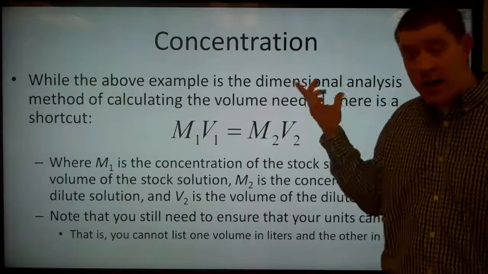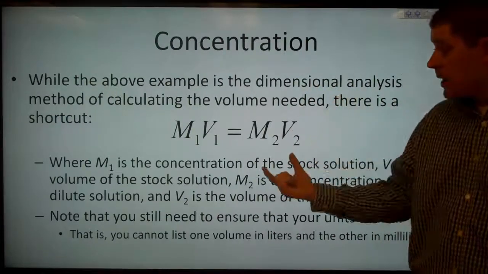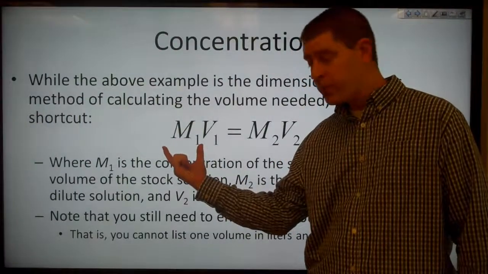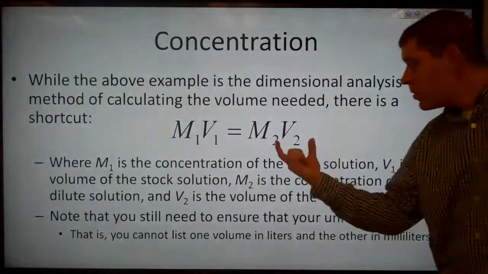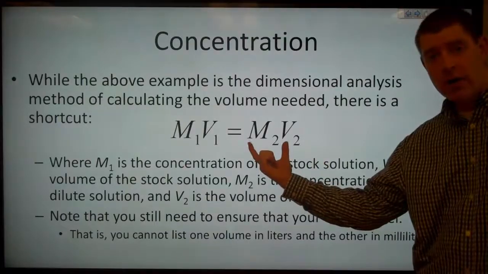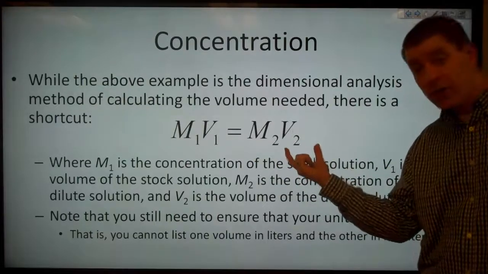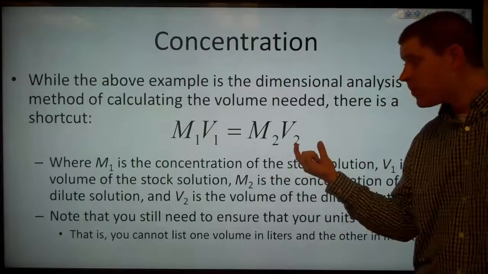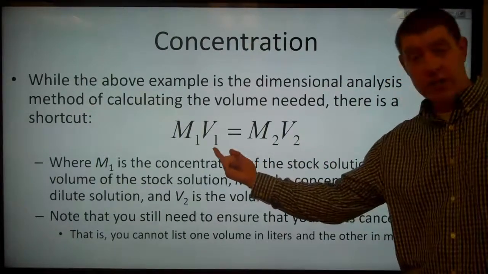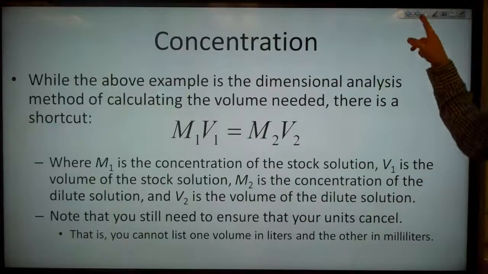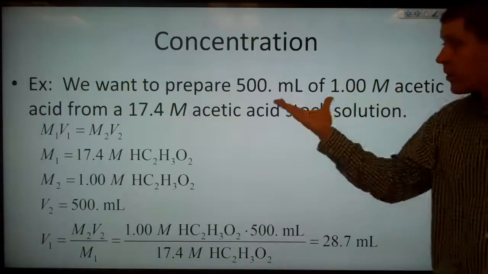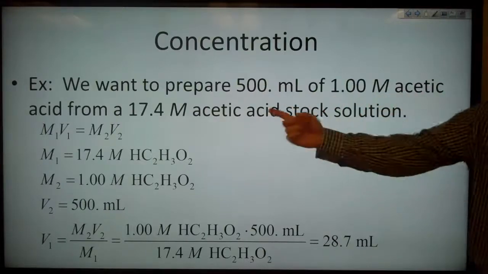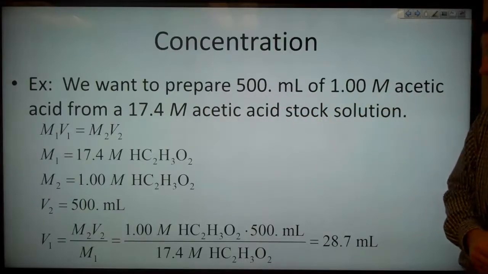So in the last example, we knew the concentration of our stock solution, so we knew M1. We knew that we wanted a certain concentration and a certain volume of our diluted solution, so we knew M2 and V2. So all we had to do was rearrange and solve for V1. So we can do that here. Again, we want to prepare 500 milliliters of 1 molar acetic acid from our 17.4 molar acetic acid stock solution.